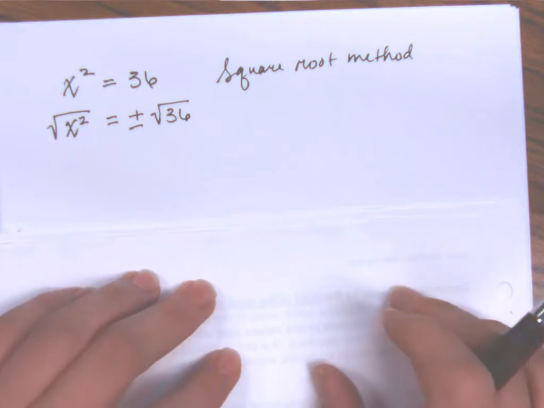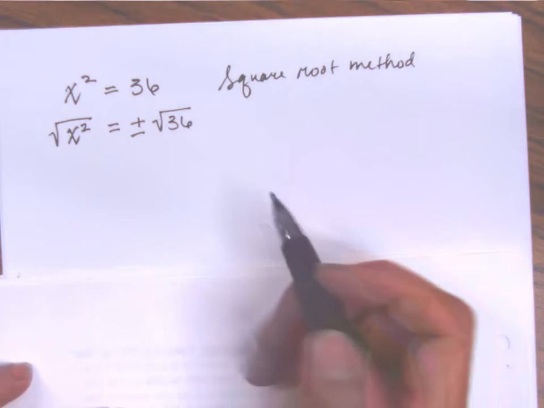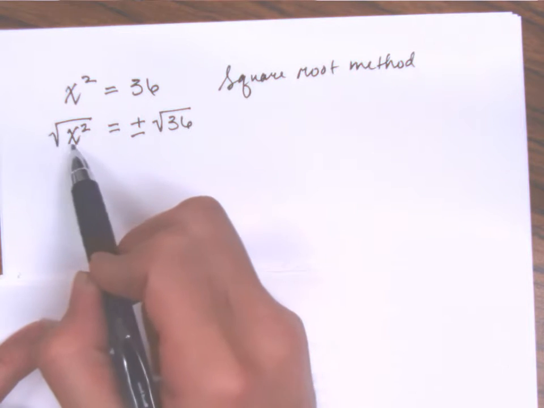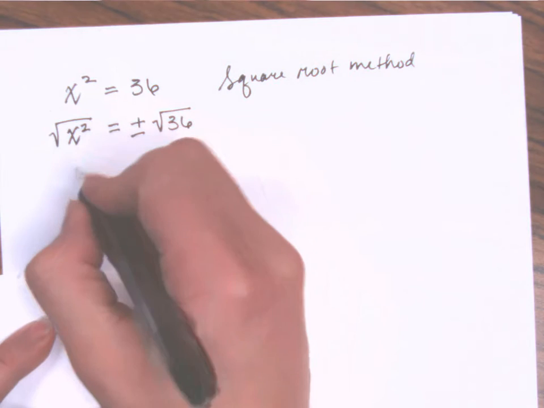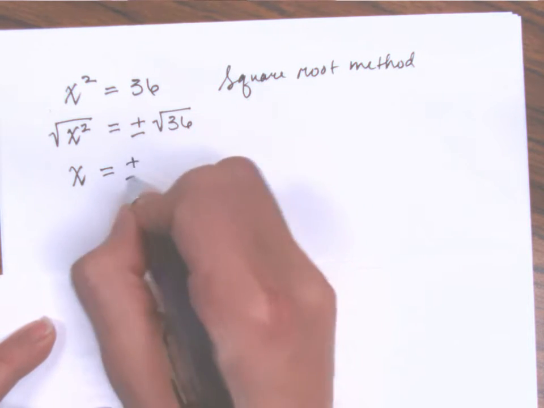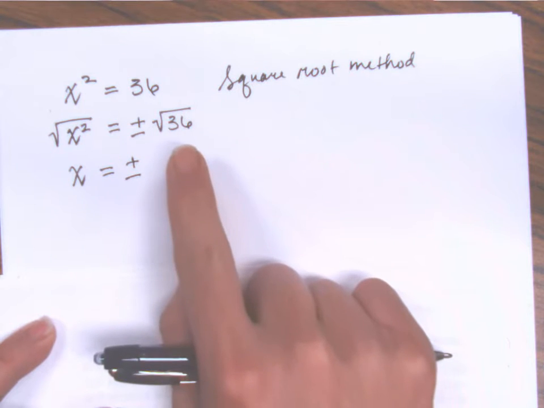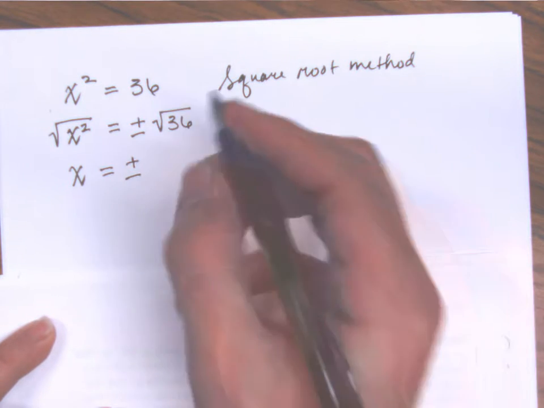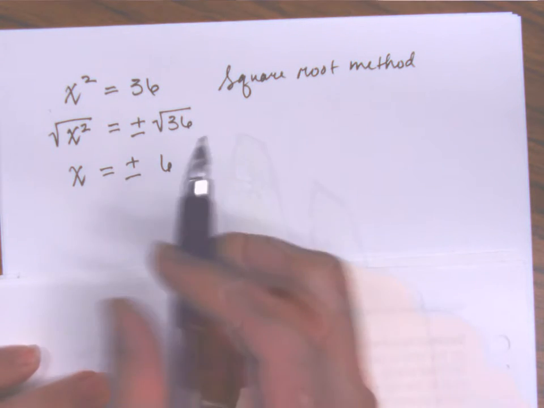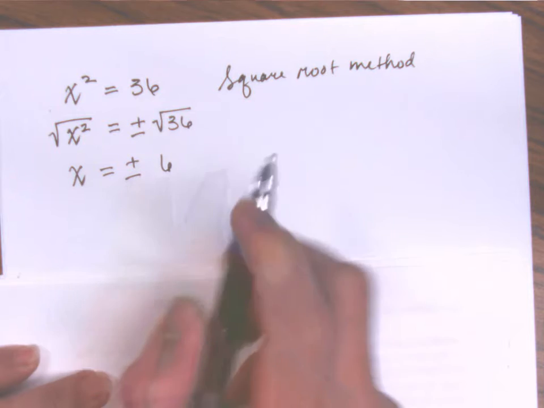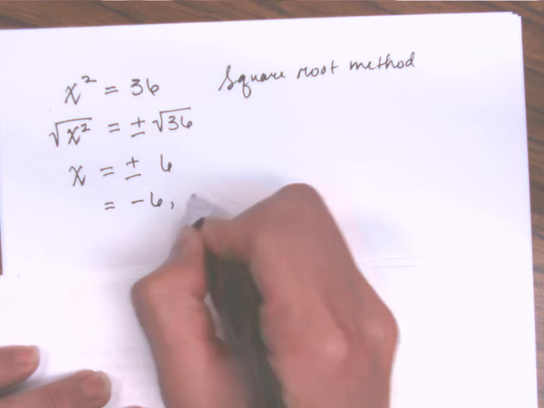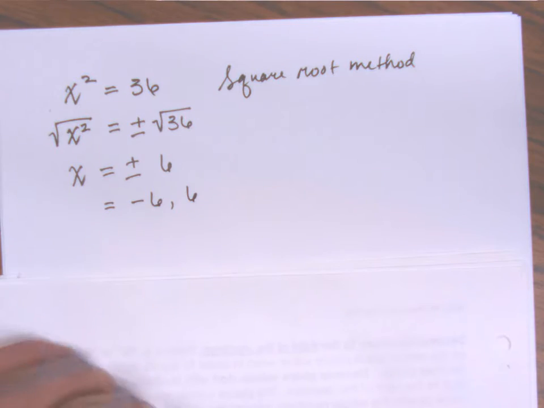So now here, on my left hand side, the square root of x squared is just x, and that equals plus or minus the square root of 36. And we know the square root of 36 is just 6. Okay, so this plus or minus sign really means you have two answers, and those answers are -6 and +6.